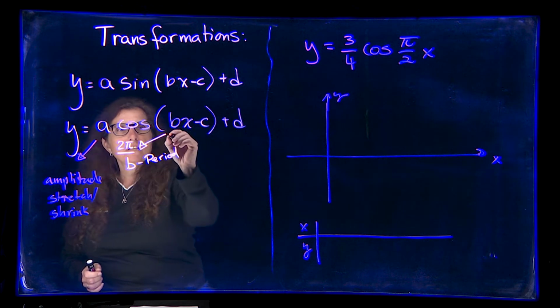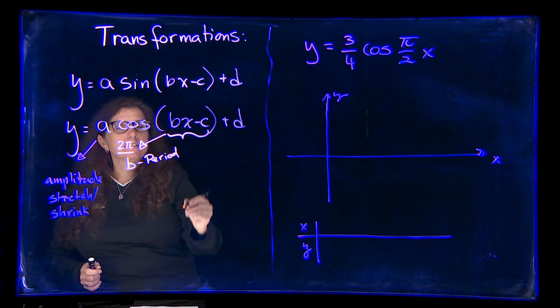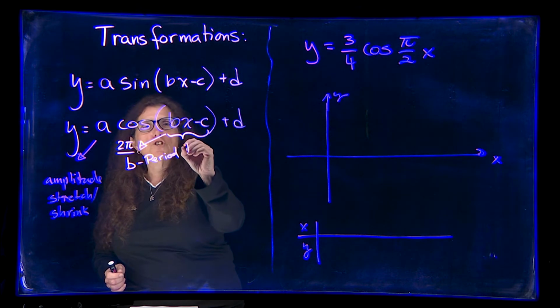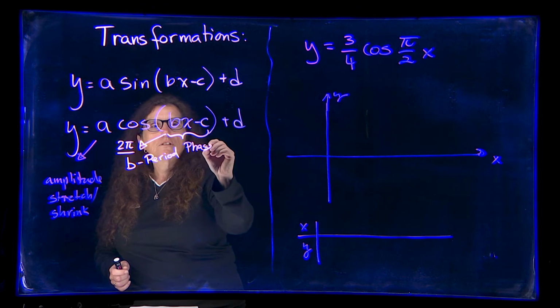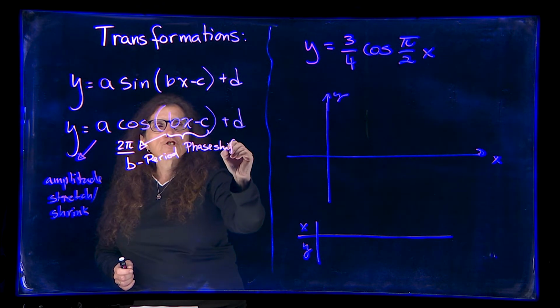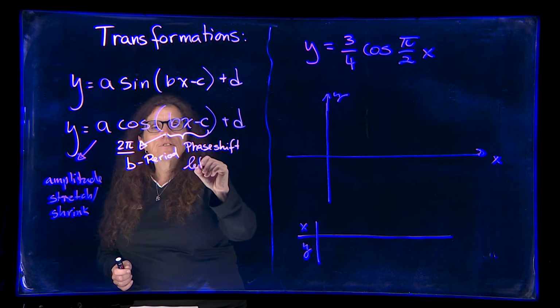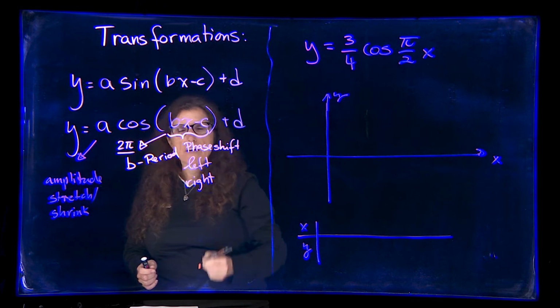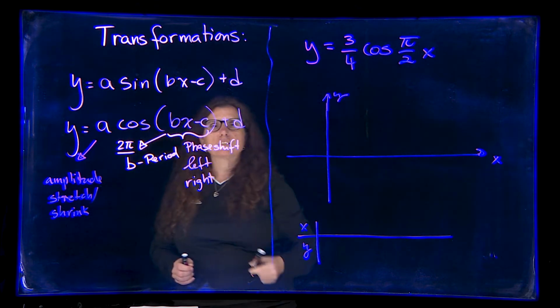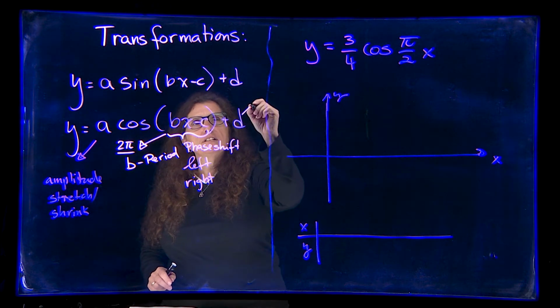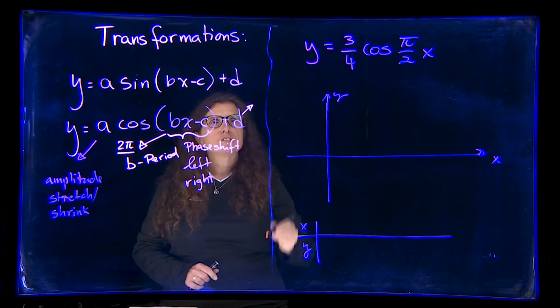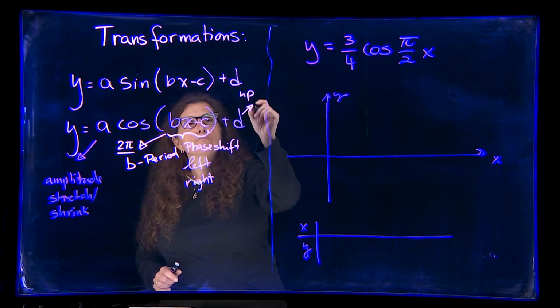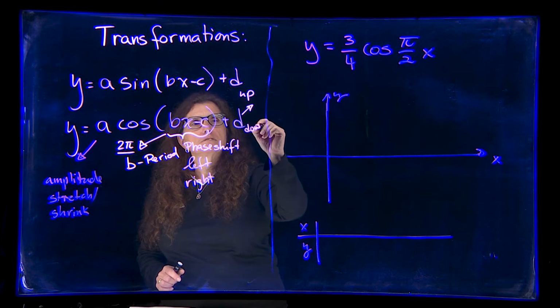Now, Bx minus C is our phase shift. Phase shift to the left or to the right, depending on what we have here. And this last D tells us if the function is moving up or down.